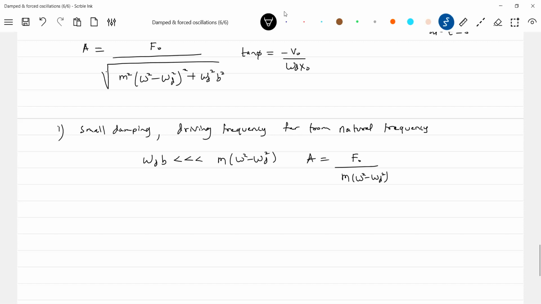So this is the condition I put when the driving frequency is far from the natural frequency, far meaning very much in terms of this condition.